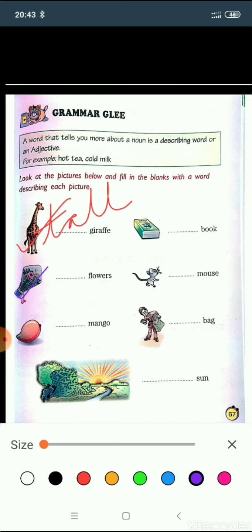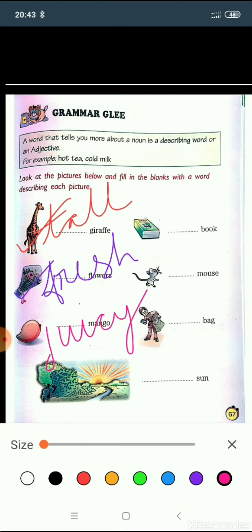Then next is flower. It's a bouquet of flowers. So we can say fresh flowers. Fresh flowers. So fresh is the describing word for flowers. Then we have mango. We can say juicy mango.